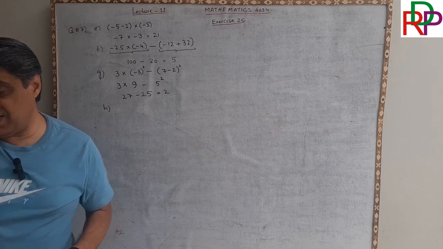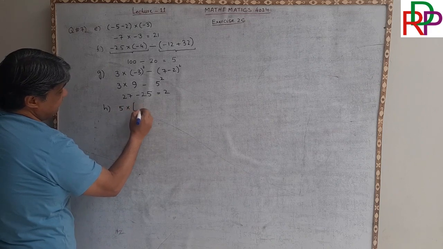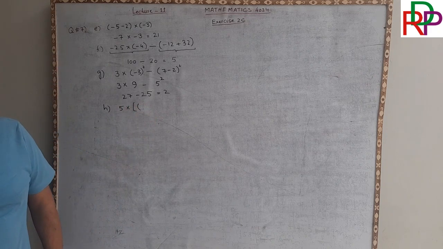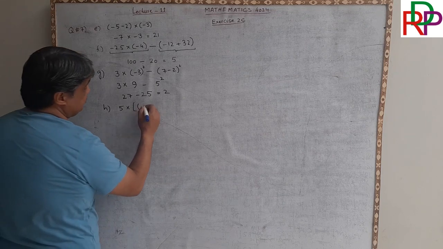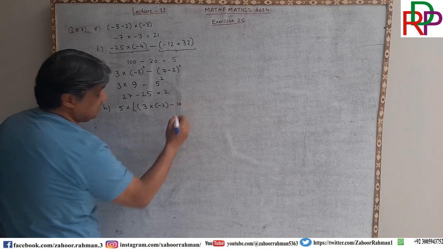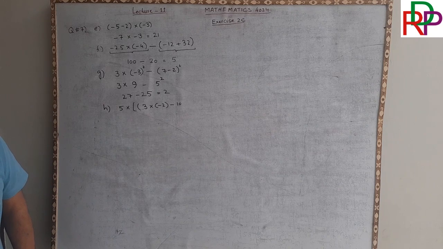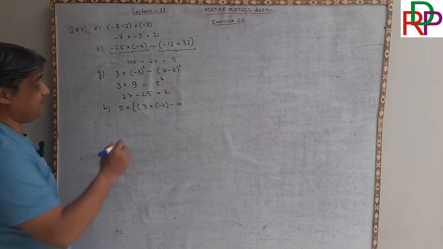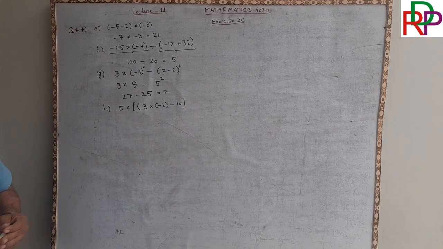Similarly, we have the h part: 5 multiplied by square bracket start, parenthesis start, and 3 multiplied by minus 2, minus 10. Then we are closing the square bracket.